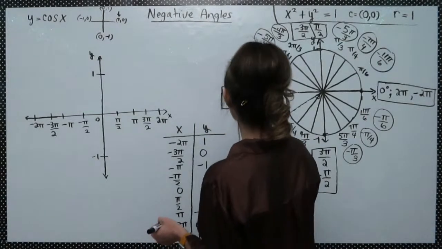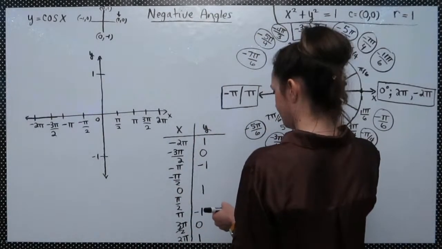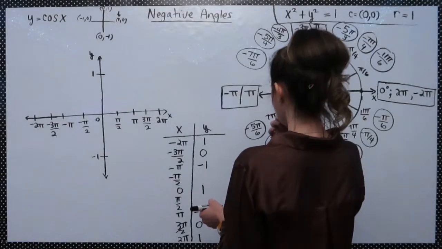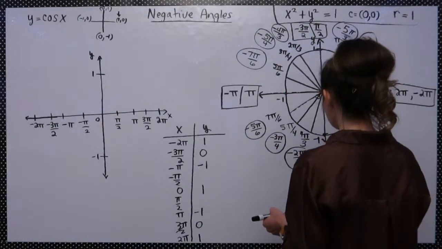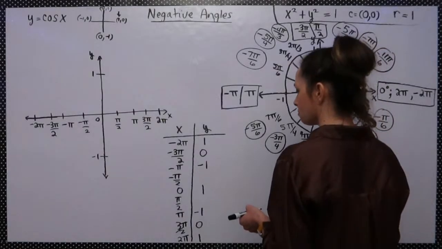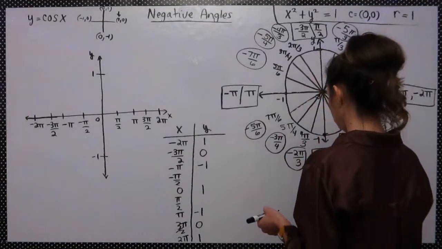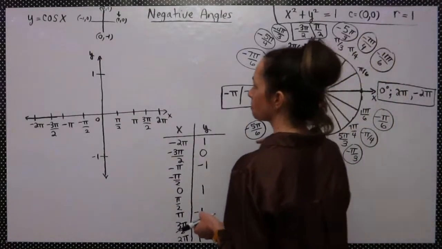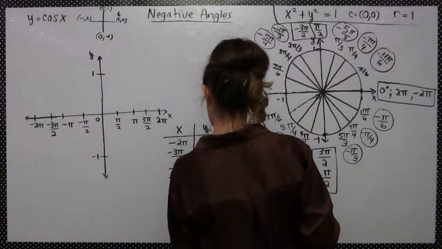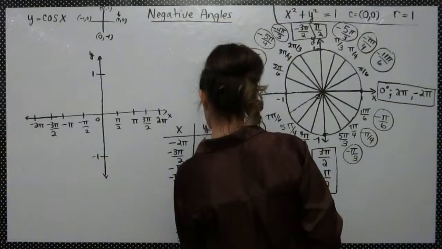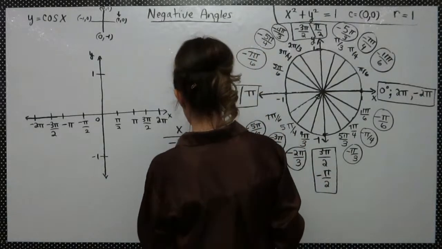And pi over 2. Yeah, how did I miss negative pi over 2? Here. Cosine back to 0. All right, so I think I have them.